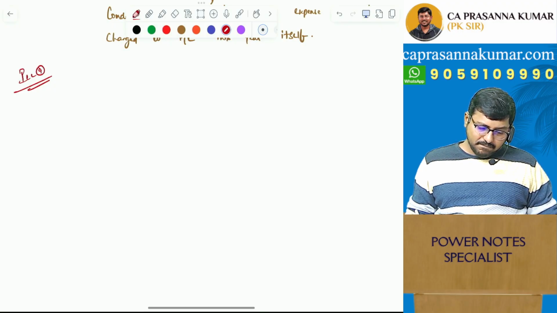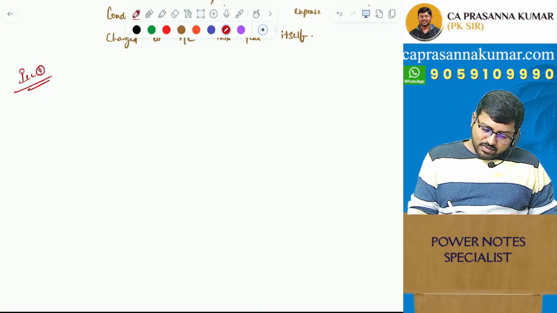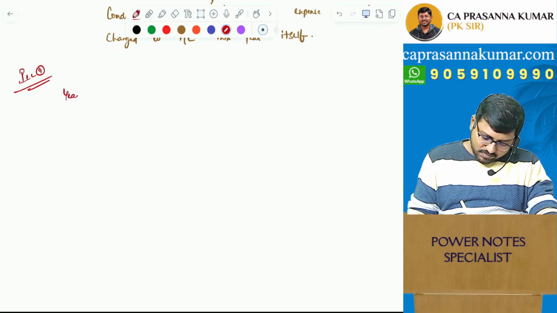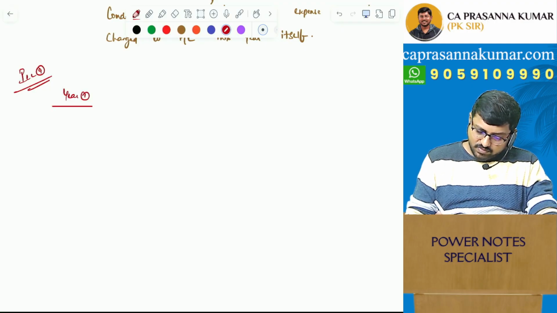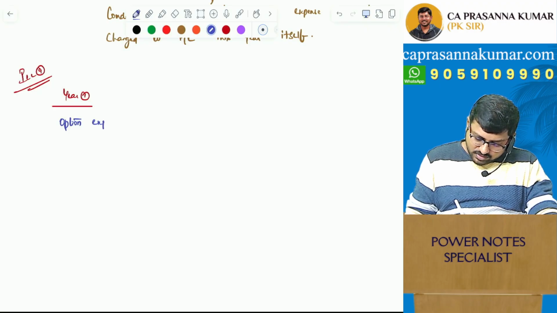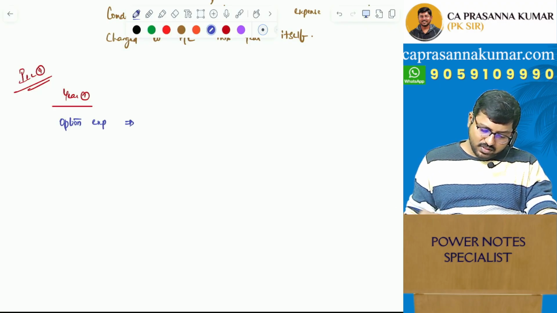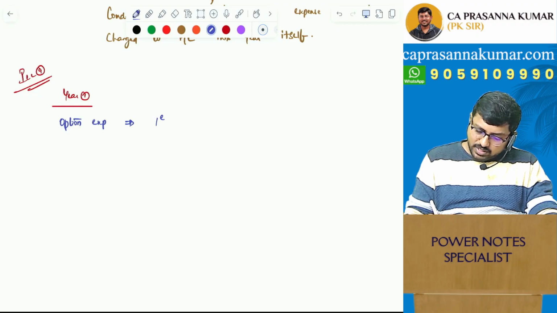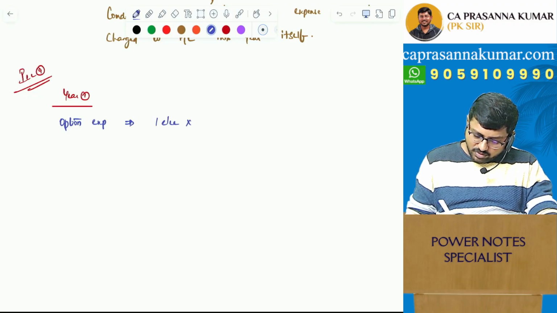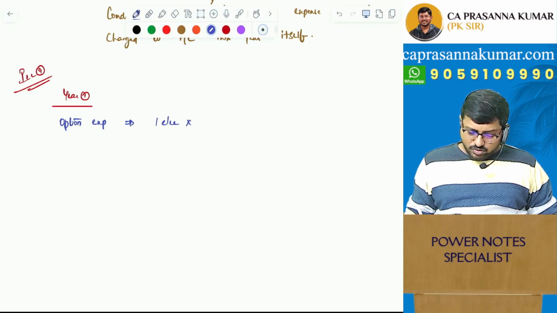Ready? First we'll start with year 1. Option expense is equal to number of employees at the end of the vesting period. How many employees are you anticipating? Obviously one employee, so even if you don't take one, it makes no difference.